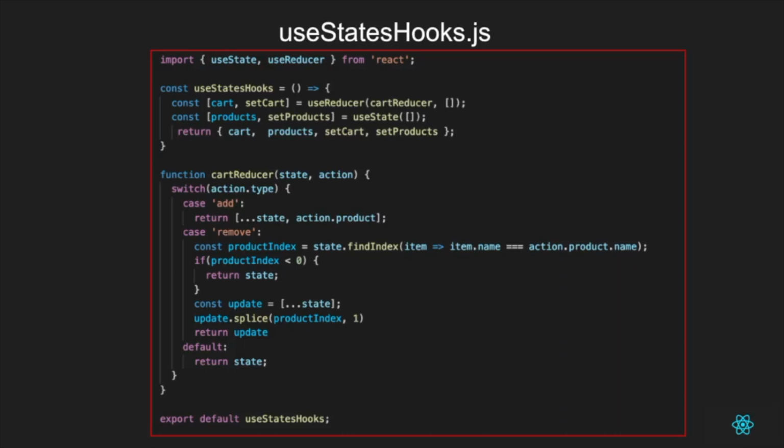In the useStateHooks you have to return all your state variables, the cart and the products, and the setCart and setProducts functions. Underneath you also, of course, export your useStateHook, so you can import it in other components. You can use this logic everywhere now.